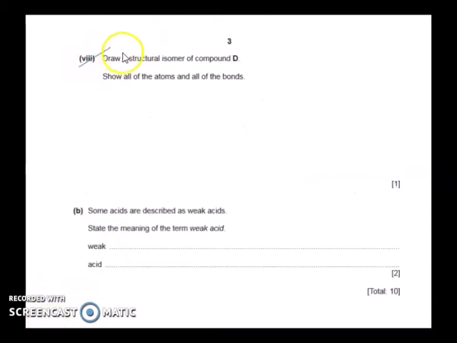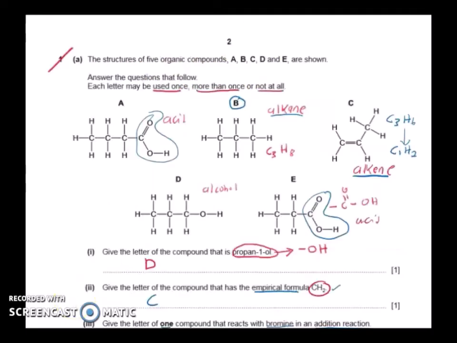Okay, this question is asking: draw a structural isomer of compound D, showing all atoms and all of the bonds. They give you 1 mark. So what is compound D? The D here stands for propanol, so the OH is at the side here.